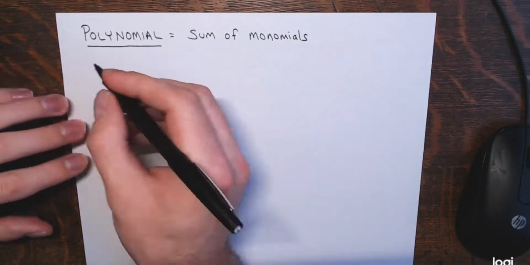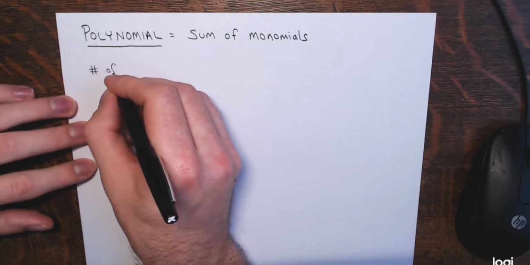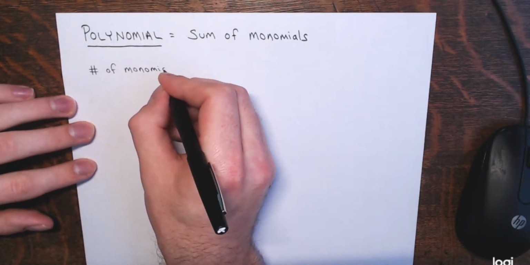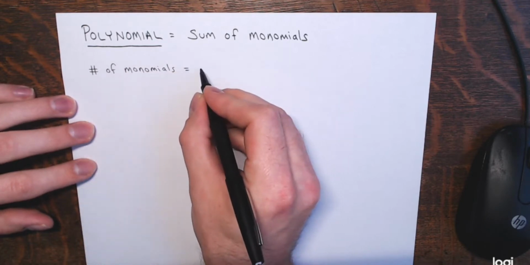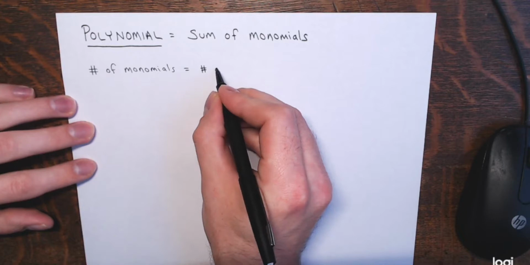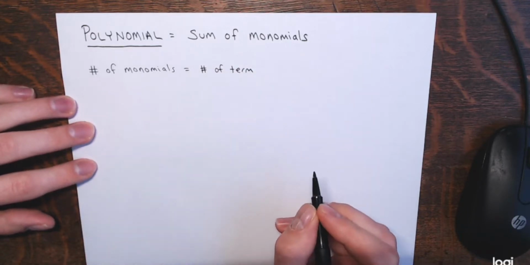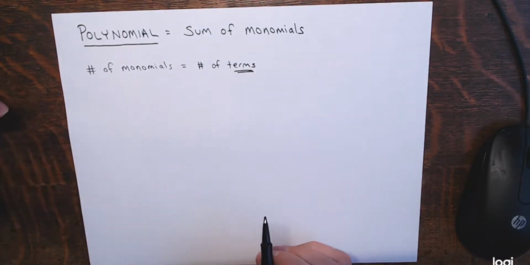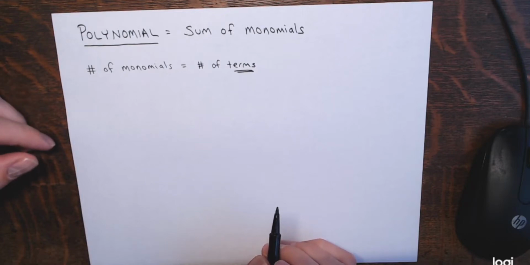And the number of monomials is called the number of terms. Right? Each monomial is a term. Right? You see the word terms. So a monomial is also a term of a polynomial.